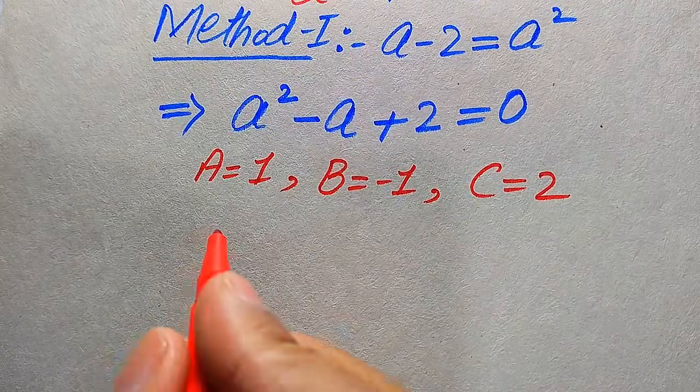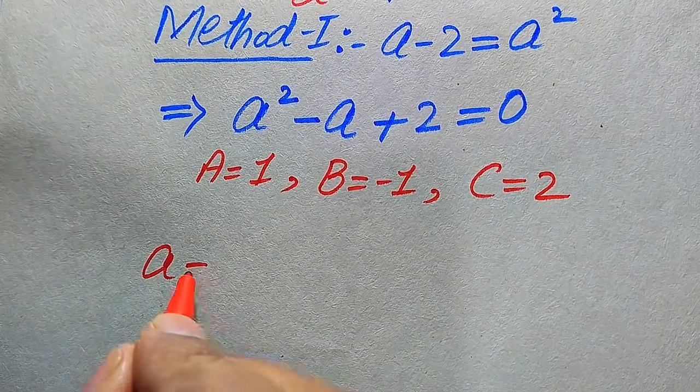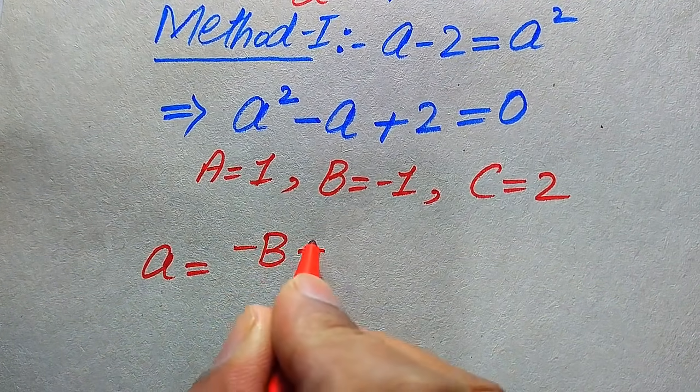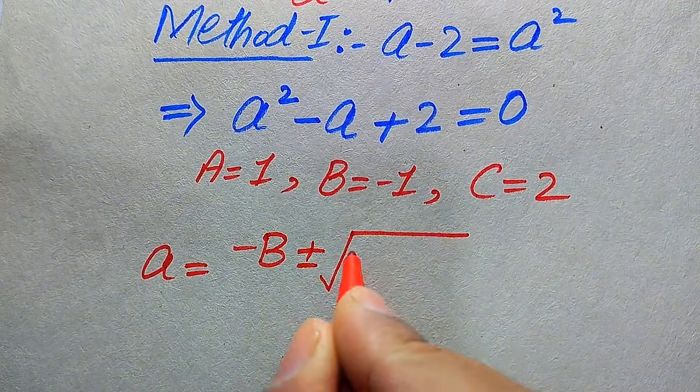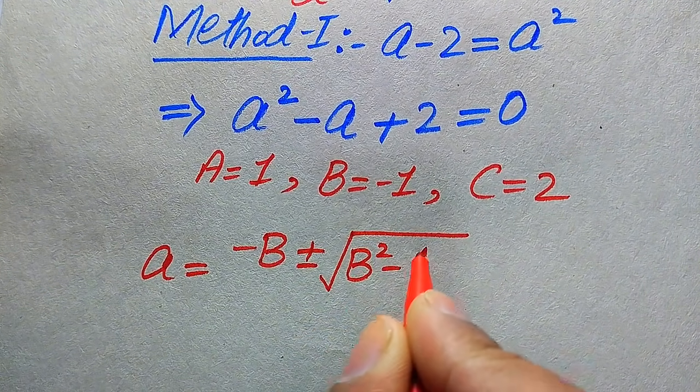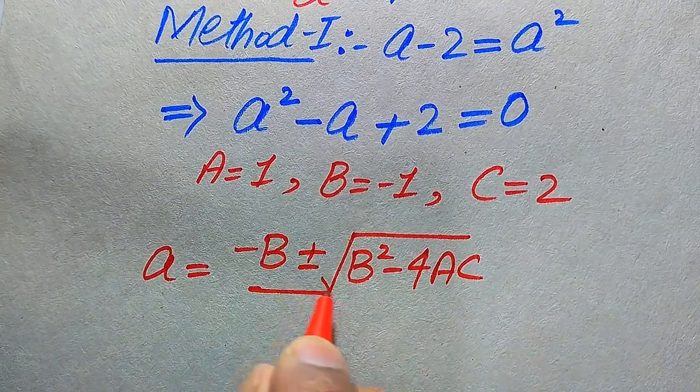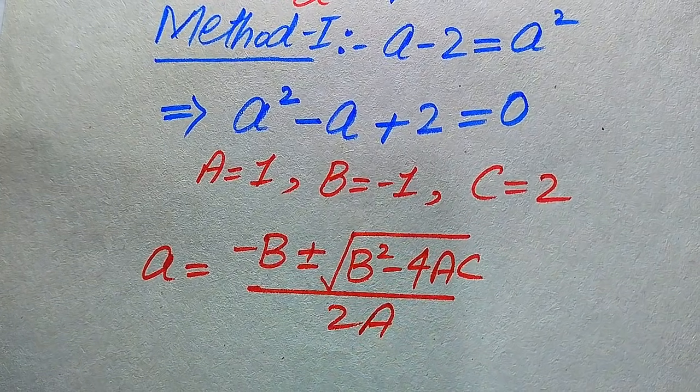And here we state the quadratic formula as a is equal to minus b plus minus square root of b square minus 4ac, divided by 2a.